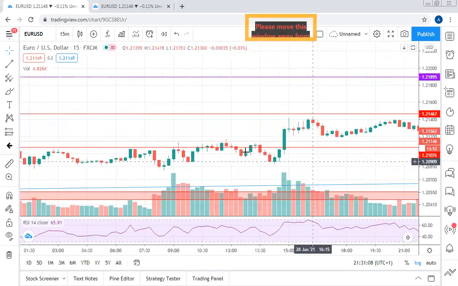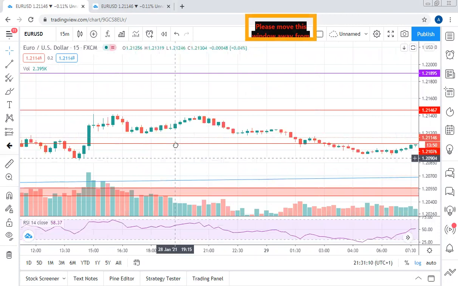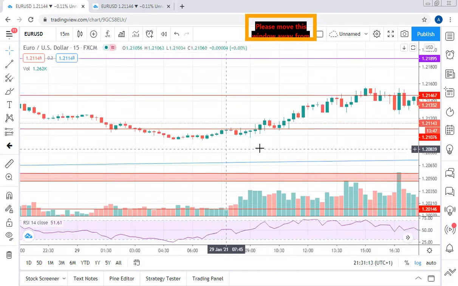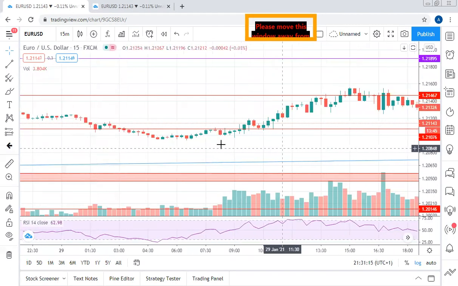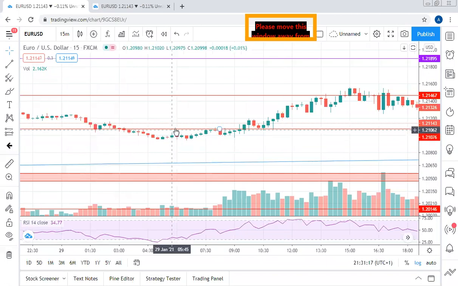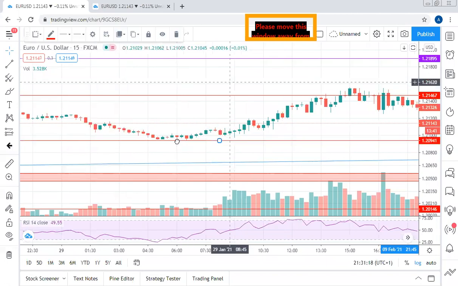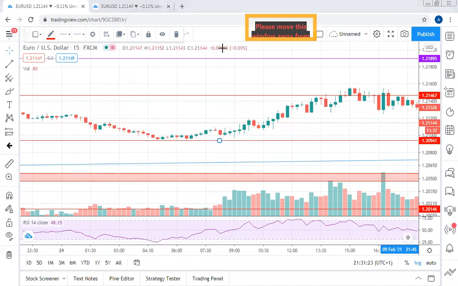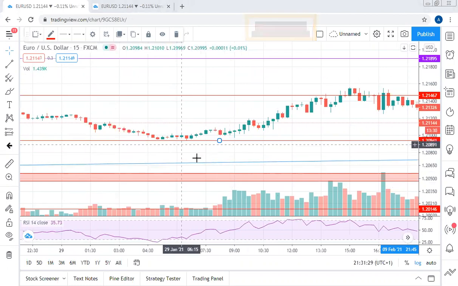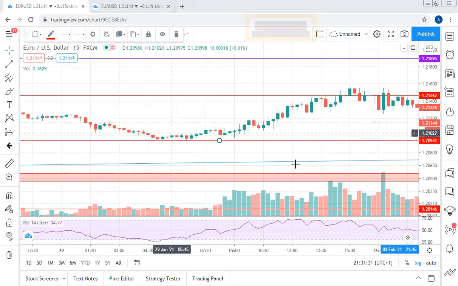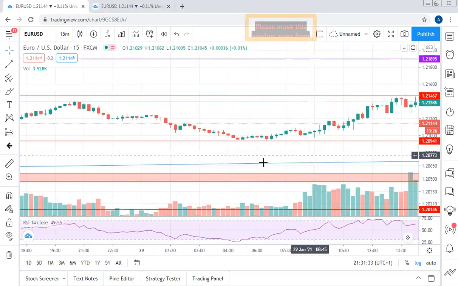So I'll be identifying them one by one. Look at this demand zone here. Look at multiple reversal candles at this zone.